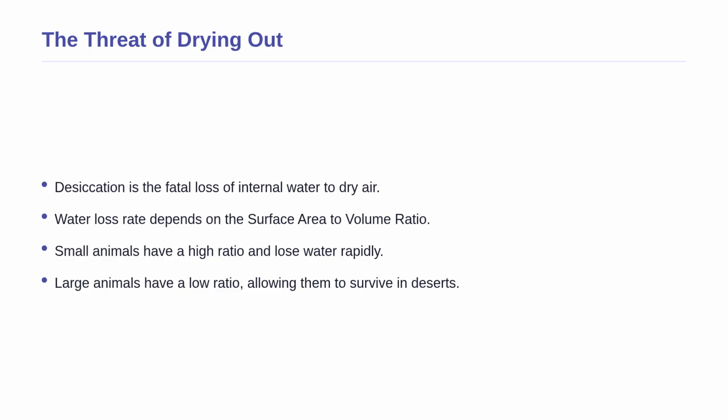Small animals have a very high surface area relative to their tiny internal volume, meaning they lose water incredibly fast. This is why small amphibians must stay near ponds and damp environments, while large reptiles have the capacity to roam the arid desert.